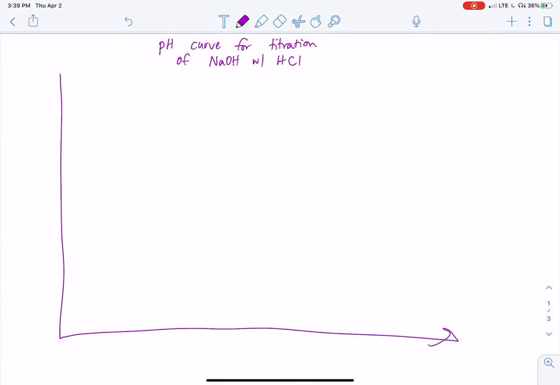Here is a pH curve for the titration of, let's say, sodium hydroxide with hydrochloric acid. Okay, let's just sketch some axes here. I'm plotting pH on the y-axis, and then the volume of the HCl added on the x-axis.